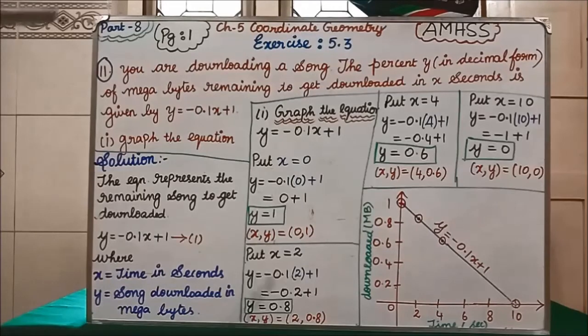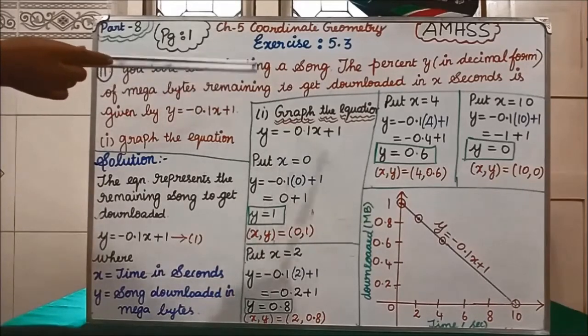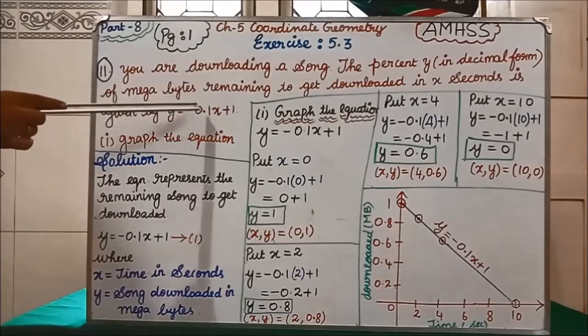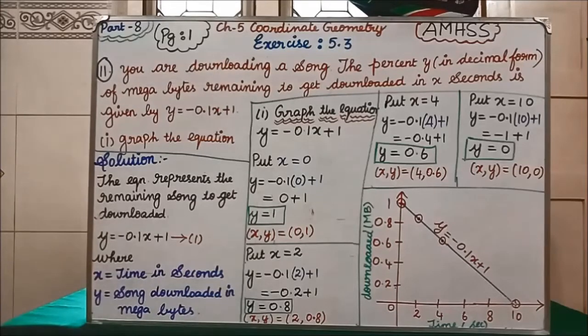The present y in decimal form of megabytes remaining to get downloaded in x seconds is given by y is equal to minus 0.1x plus 1. Can you understand this question? You are downloading one song.